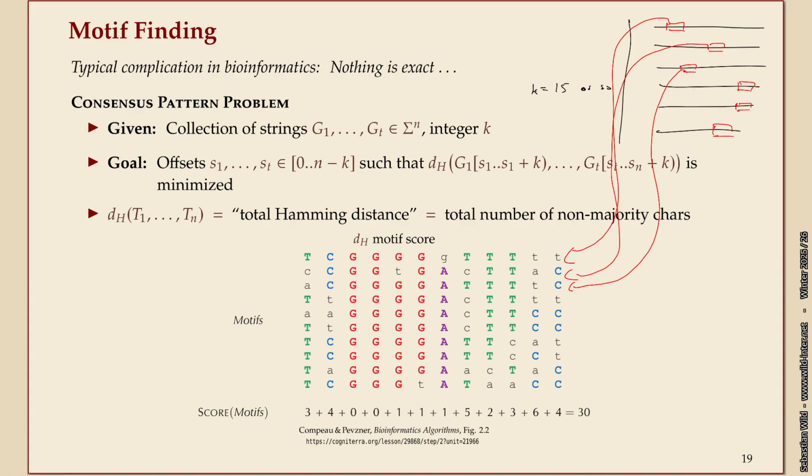And in formal terms, what we mean with this total Hamming distance, what we minimize here, is the number of characters. So in each column, you determine what's the most frequent character, and you count the number of others. So here, this column, there's mostly T's. So 3 other letters give a contribution of 3 to the score, to the Hamming distance.